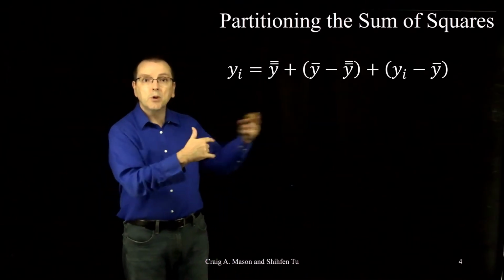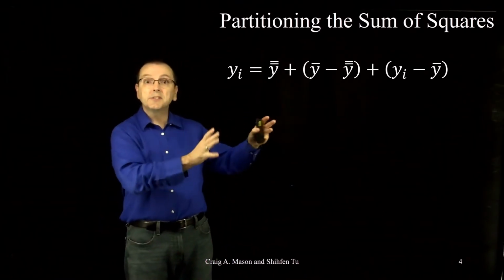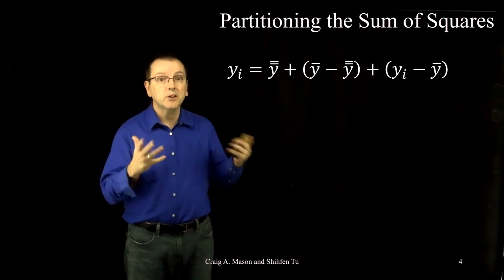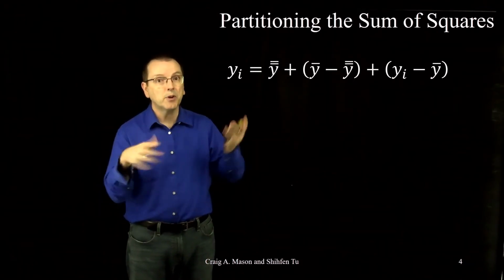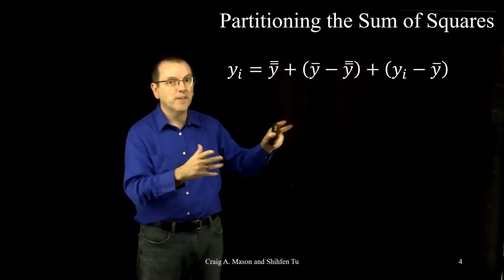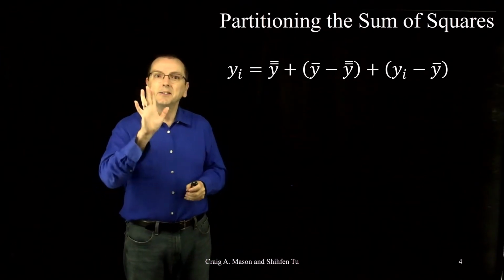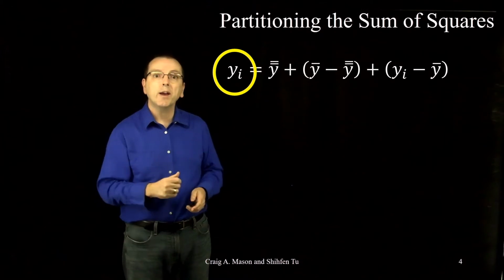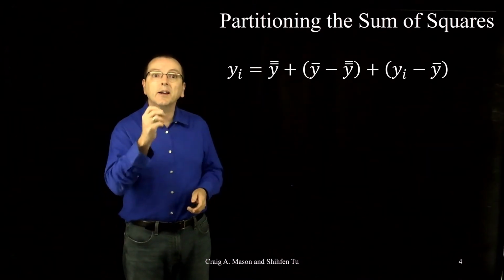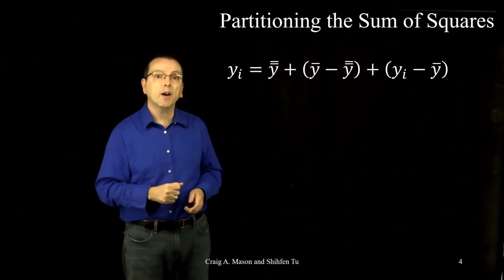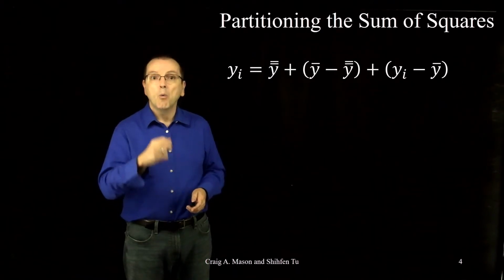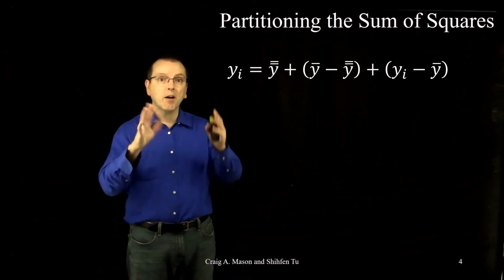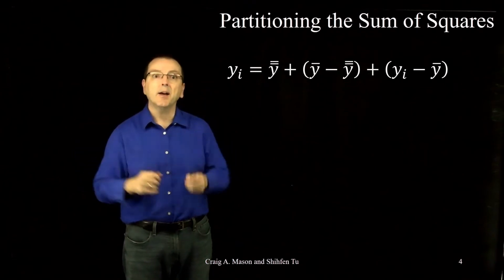To do that, we're going to manipulate both sides of the equation. And remember, we can do that as long as whatever we do on one side, we do on the other side. Specifically, I'm going to make the left-hand side of the equation the defining or conceptual formula for the sum of squares. The sum of y minus y double bar squared and added up, right?